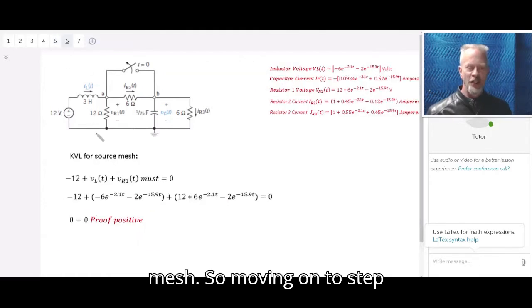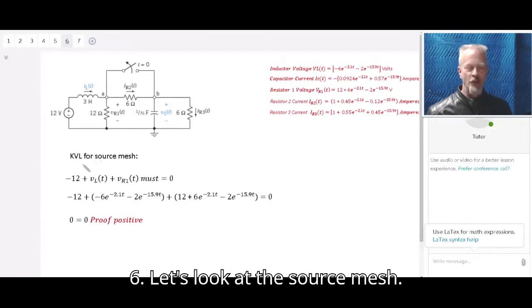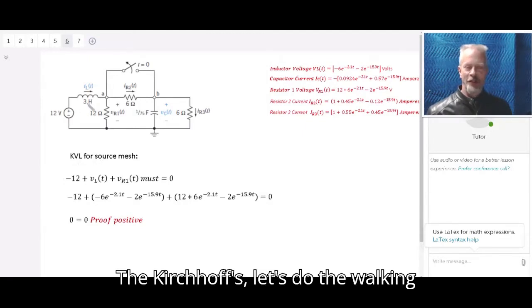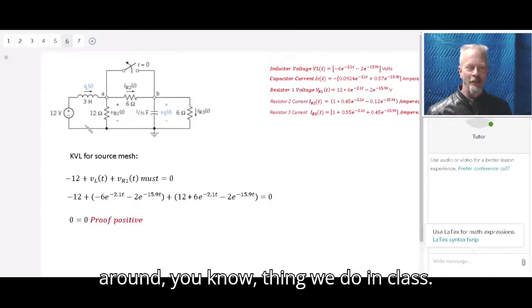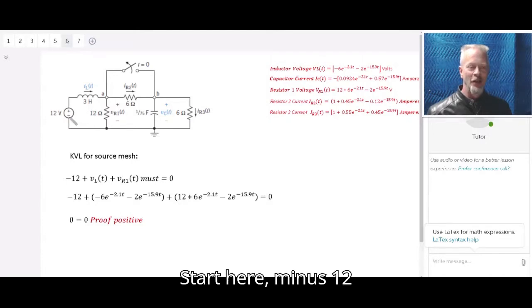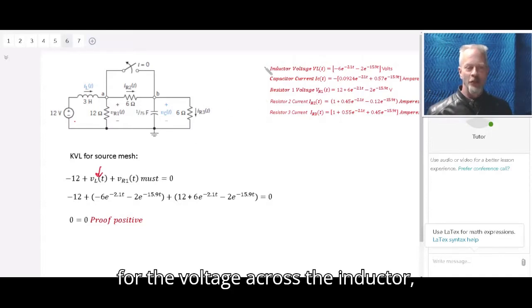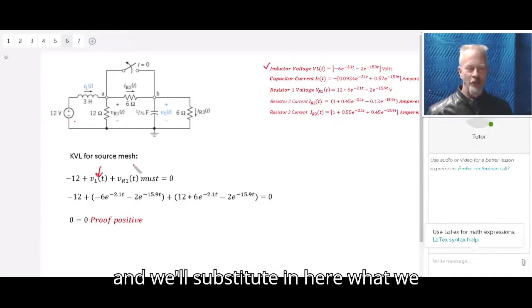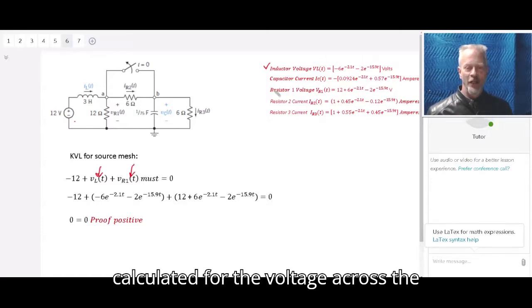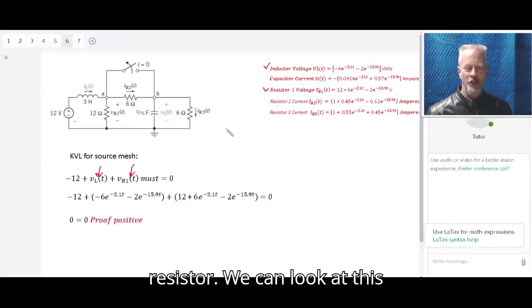So moving on to step 6, let's look at the source mesh. Let's do the walking around thing we do in class. Start here: minus 12 plus V_L plus V_R1 must be equal to 0. So let's substitute in what we have over here for the voltage across the inductor, and we'll substitute in here what we calculated for the voltage across the resistor.